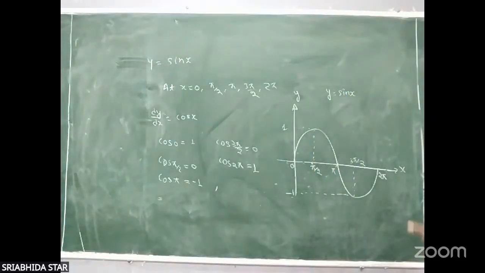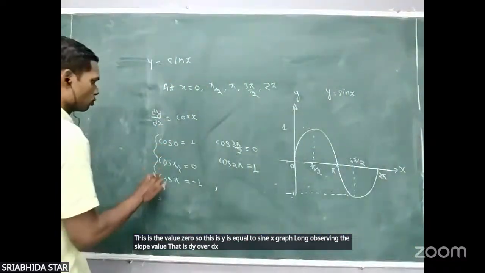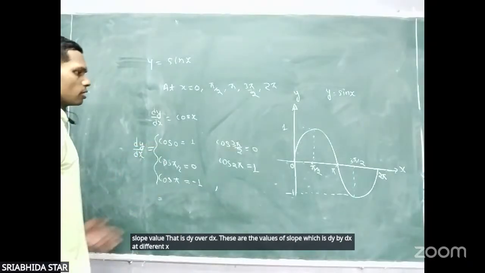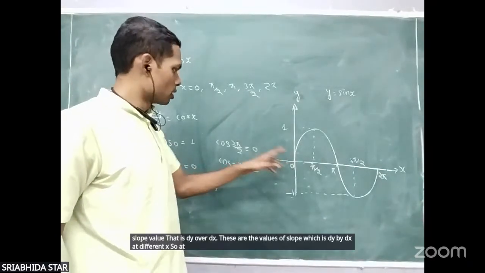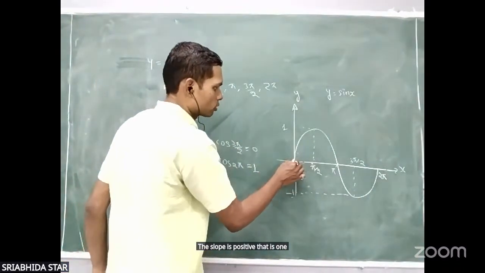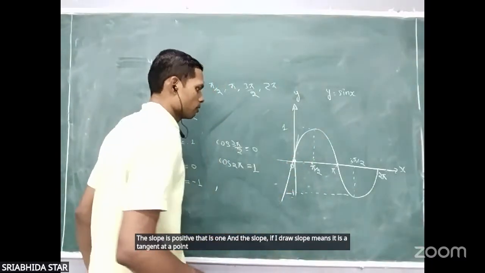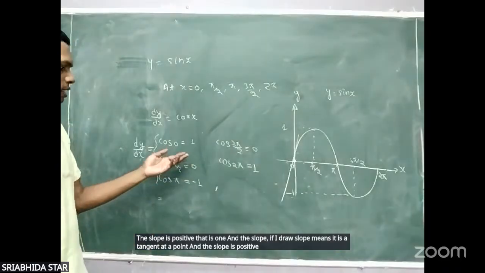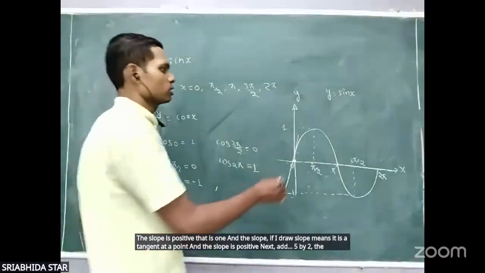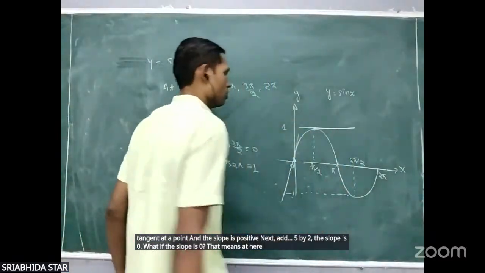Now observe the slope value, that is dy by dx. These are the values of slope, which is dy by dx at different x. So at x equals to 0, the slope is positive, that is 1. And if I draw the slope, slope means it is the tangent at a point, hence this slope is positive. Next, at pi by 2, the slope is 0. That means at here, the slope is 0 if I draw the tangent.